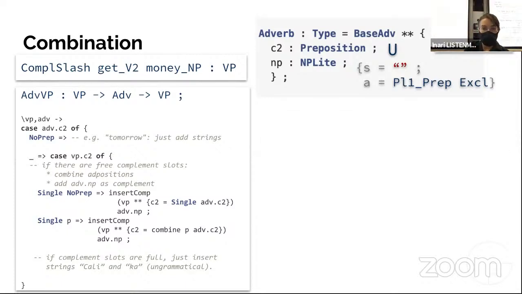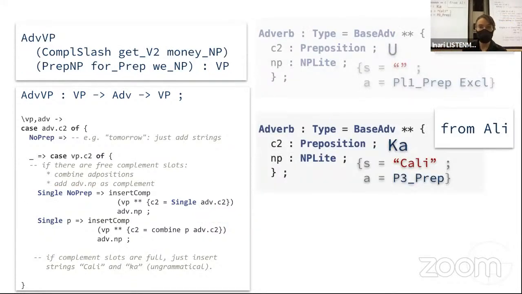So, right, let's add the for us. We add for us to get money. So get doesn't take any arguments with an adposition, so we match this condition. It's single, no prep. And to follow that rule, we end up with single O. So that's the value for this get the money for us.